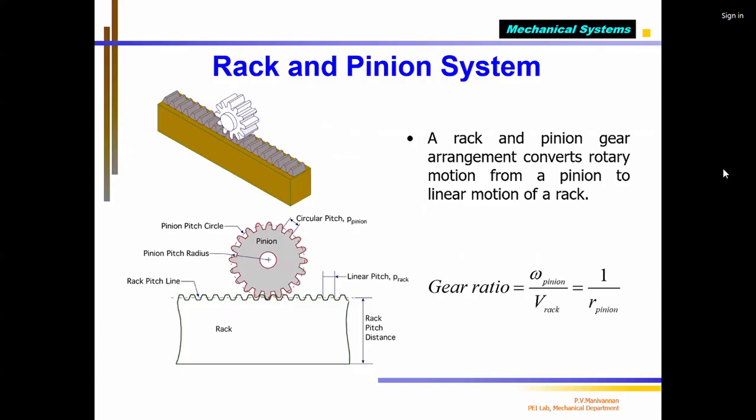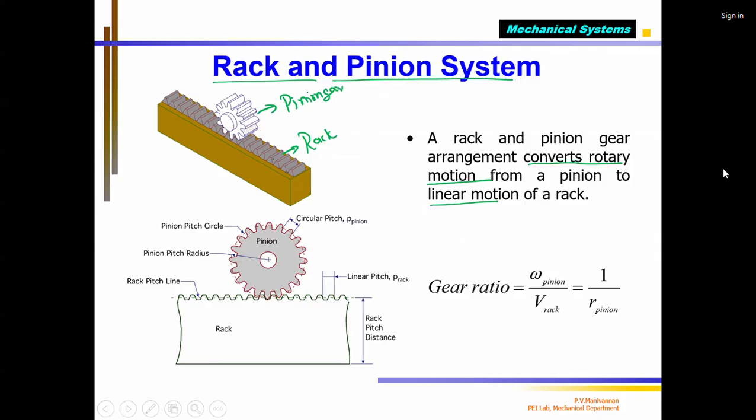Next, we have another mechanical power transmission system called rack and pinion. The main reason rack and pinion is used is for converting rotary motion into linear motion, or the reverse. This is called the rack, and this is called the pinion gear.